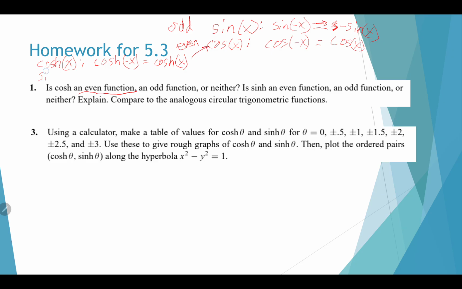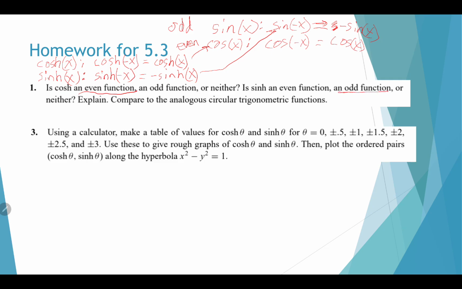And then we can do the same thing with sinh of x, so we'll compare that. Comparing that, we get sinh of negative x. Well, that's just equal to negative sinh of x, which is indeed the same as sine, and that would be odd.